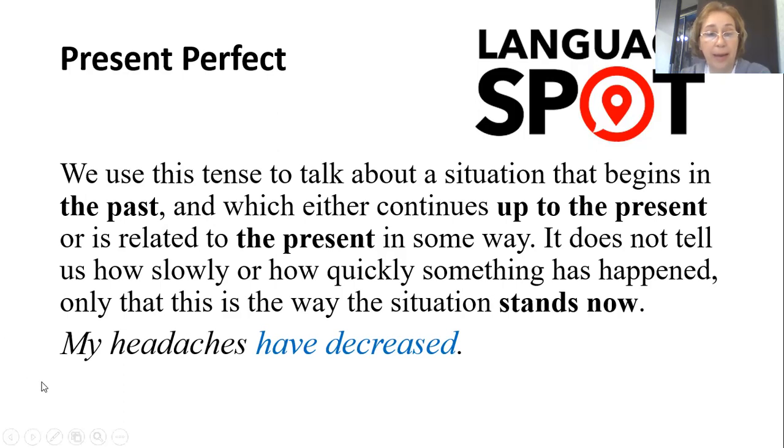In the example, "my headaches have decreased." So by now we see there is some result in the present, the decrease of headaches. So that is why the present perfect tense is used. It started in the past and it has decreased.